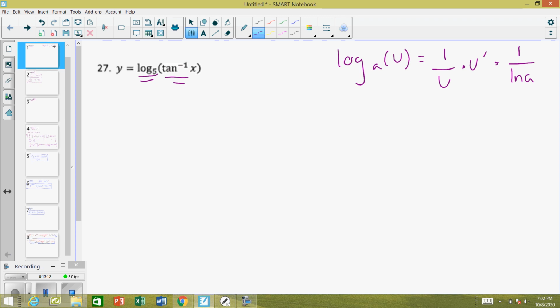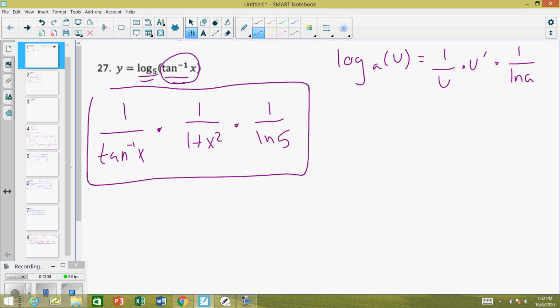So in this example, we're going to do 1 over u, or 1 over tan inverse of x, multiplied by the derivative of u, so the derivative of the inside. The derivative of tan inverse is 1 over 1 plus x squared. And then we're going to multiply by 1 over the ln of a, or 1 over the ln of 5. Boom.